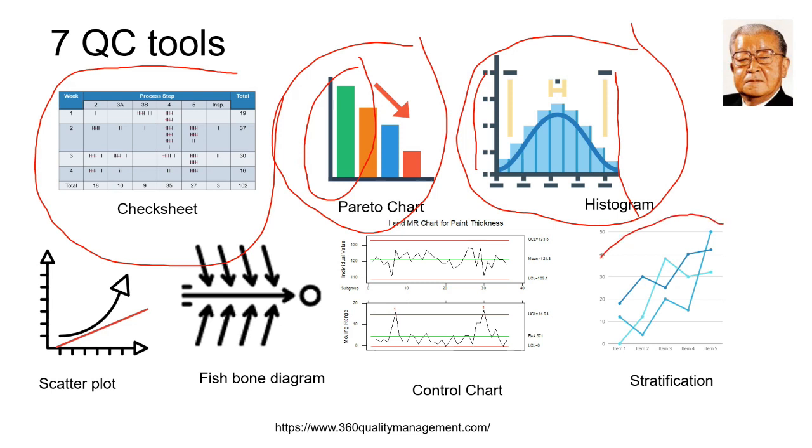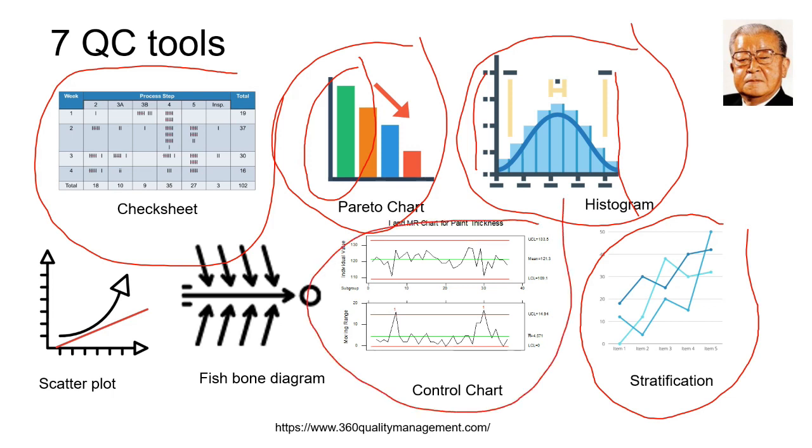The fourth is stratification, which separates the data gathered from a variety of sources so that the pattern can be clearly seen, such as by manufacturing line or by different suppliers. The fifth is a control chart to give us process insights on whether the process is behaving normally or if there is a special cause variation, for which action is needed to eliminate the special cause variations.